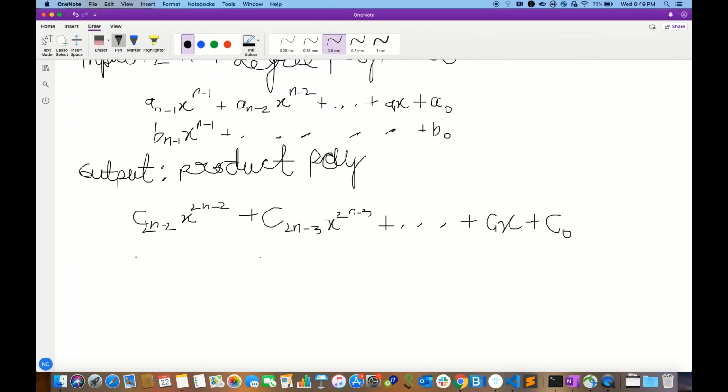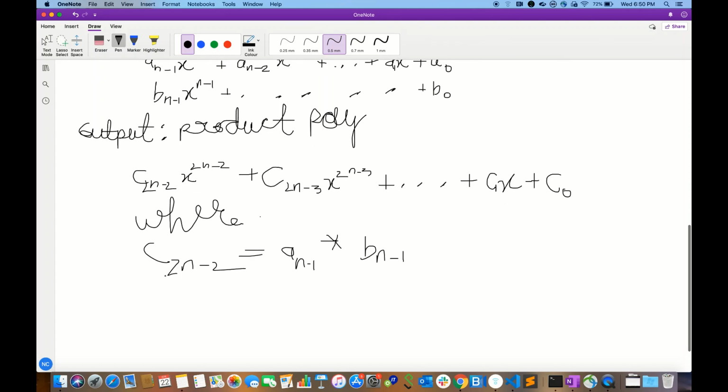Here c 2n minus 2 refers to a n minus 1 times b n minus 1, and it goes on like this.